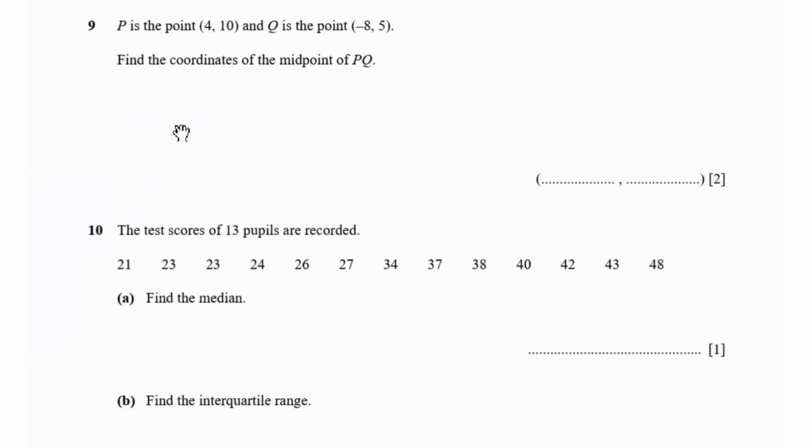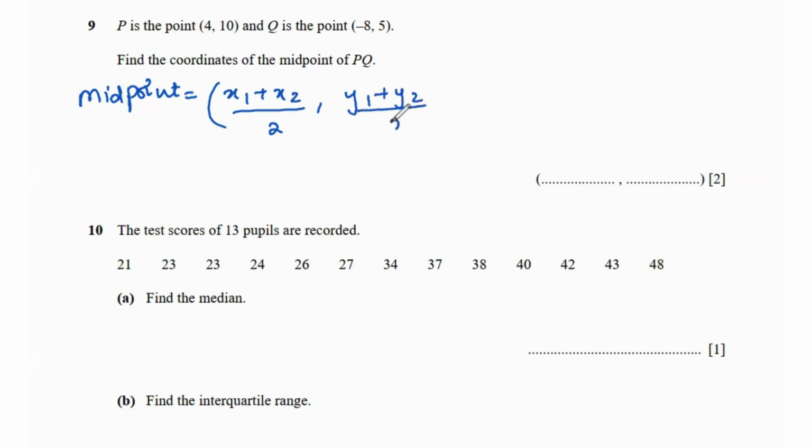Then it says P is the point (4, 10) and Q is the point (-8, 5). Find the coordinates of the midpoint of PQ. So very common question. For this, you need to remember your midpoint formula, which is (x1 plus x2 over 2, comma y1 plus y2 over 2).